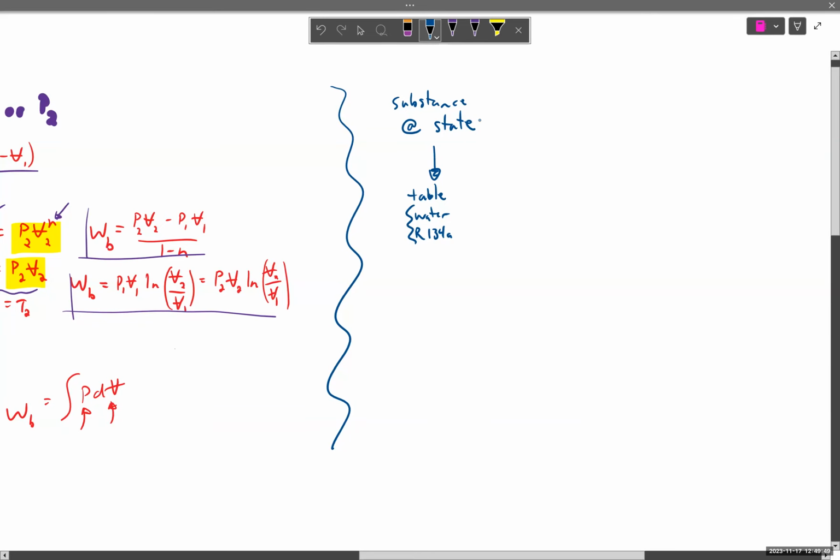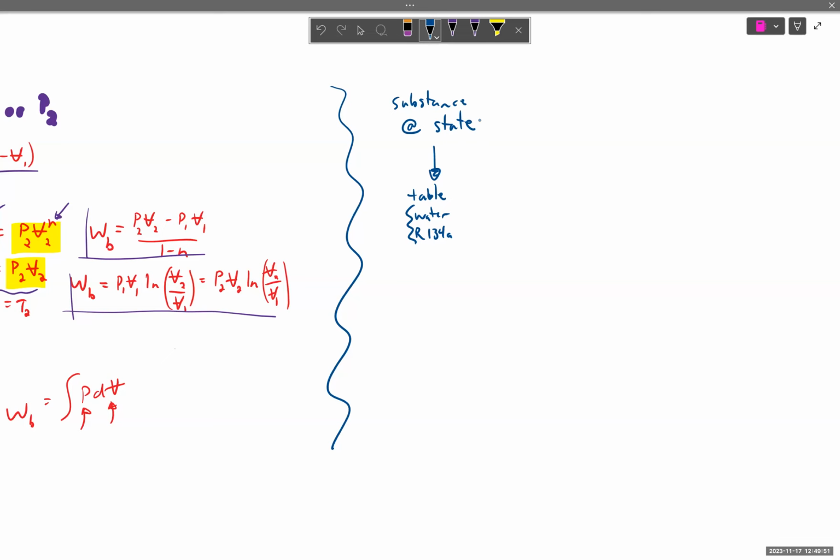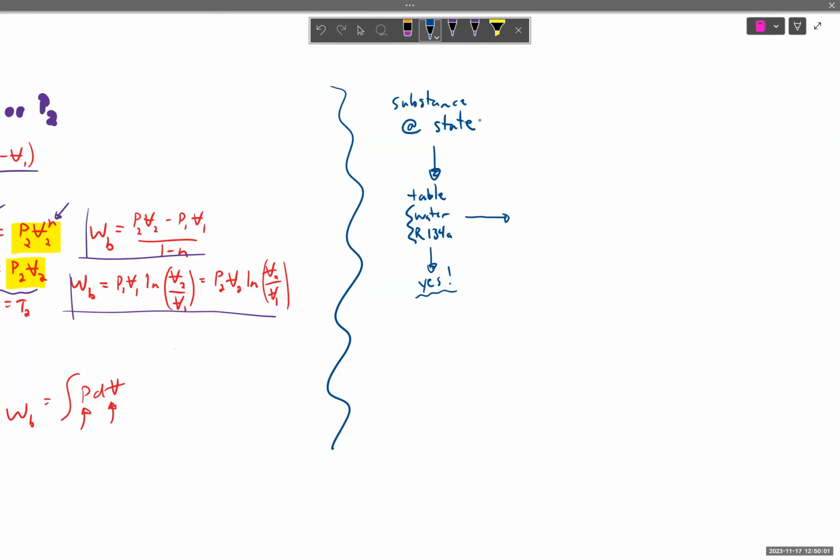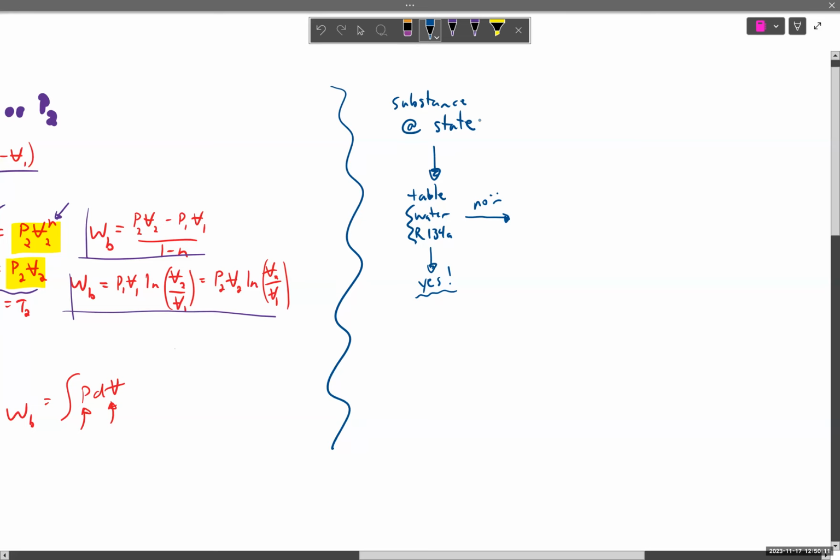If either of those is true, rejoice, because you can go right to the table for your data. If it's not, usually it's a little bit of a frowny face. And we say, all right, well, what is the substance? If it's air, we have some table for that.